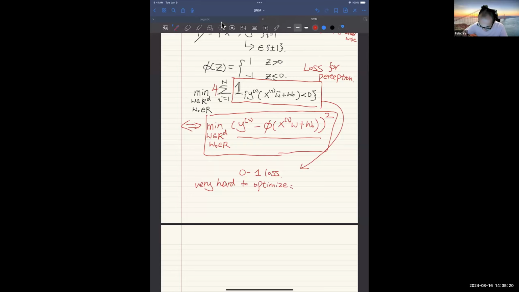Because whether it's an indication function or a step function, it is discontinuous, non-convex, and has non-uniqueness of the global minimum. So there's no way that you can calculate the gradient and do gradient descent.